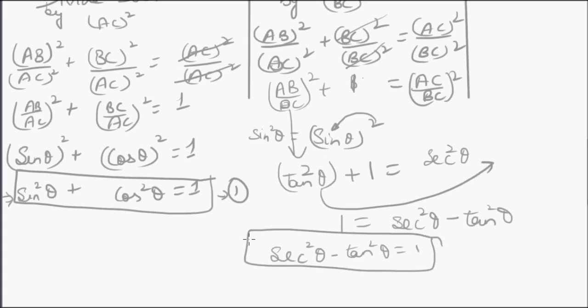So friends, this is the second identity. So the two identities are sine square theta plus cos square theta equals 1 and secant square theta minus tangent square theta equals 1.